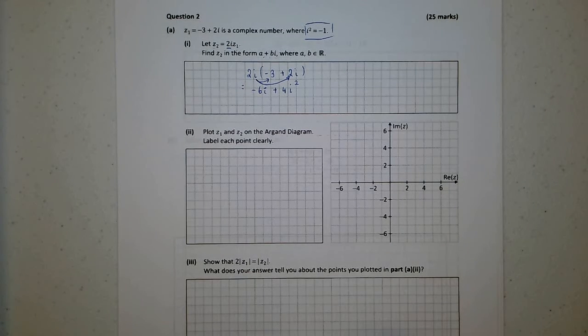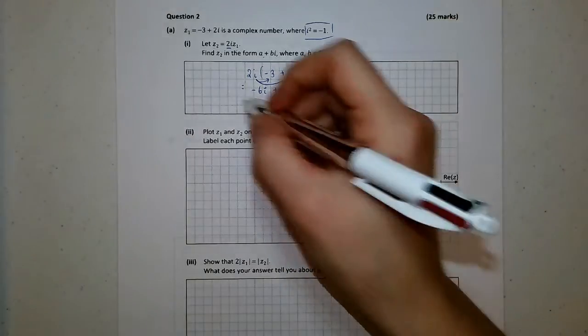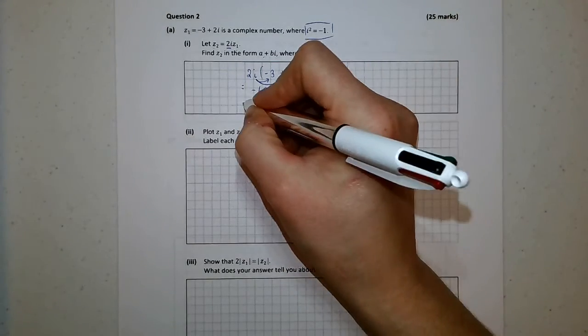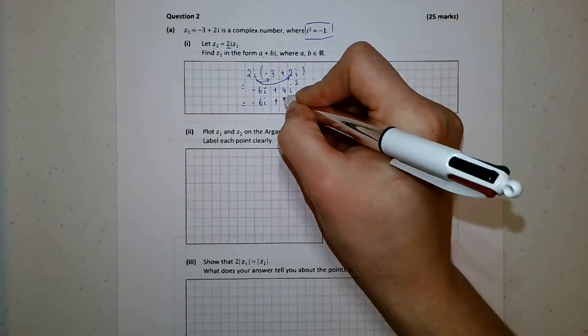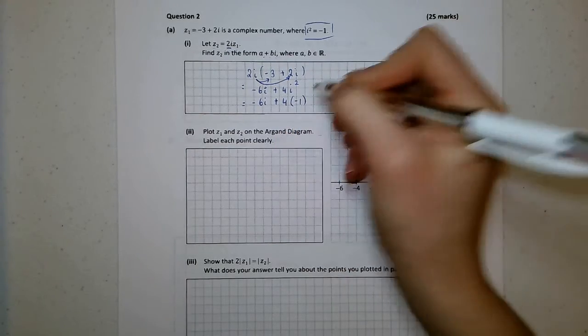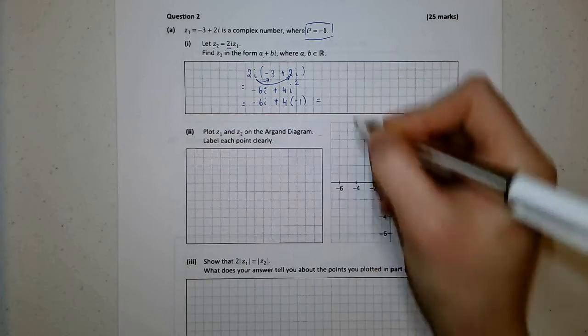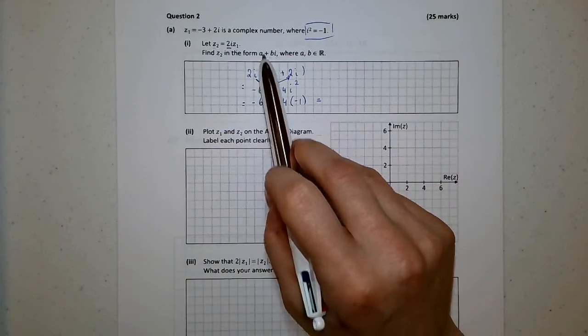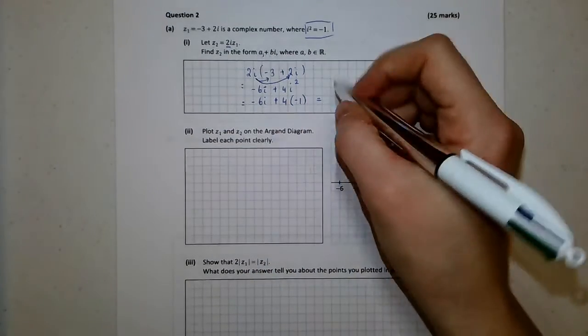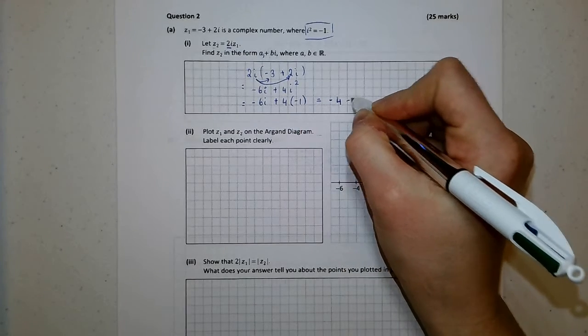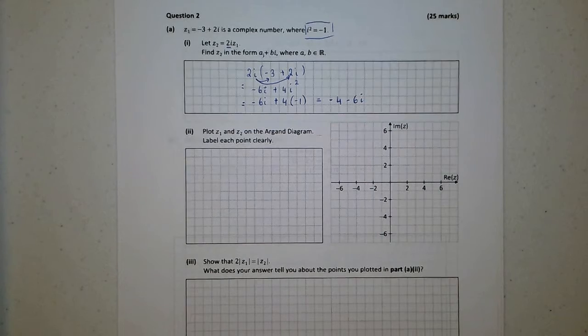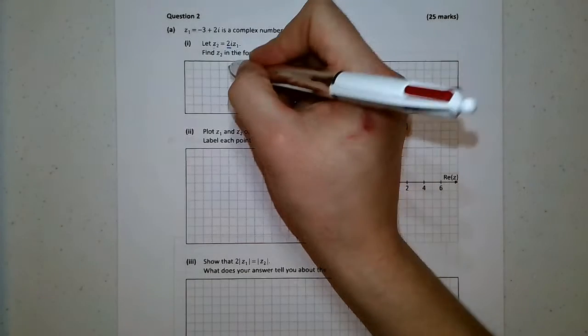We know that i squared is actually equal to minus 1, so we can sub that in for i squared. So 4 times minus 1. And so our answer is, and remember it wants the real part first and the imaginary part second, 4 times minus 1 is minus 4 minus 6i. And that is your complex number z2.